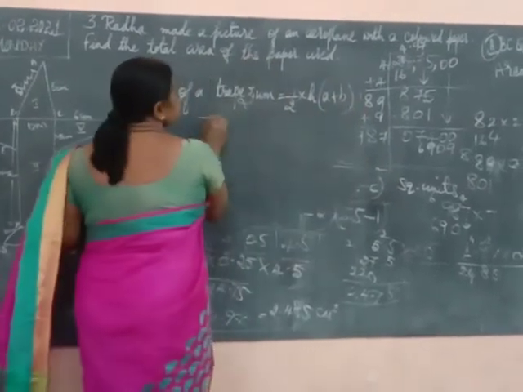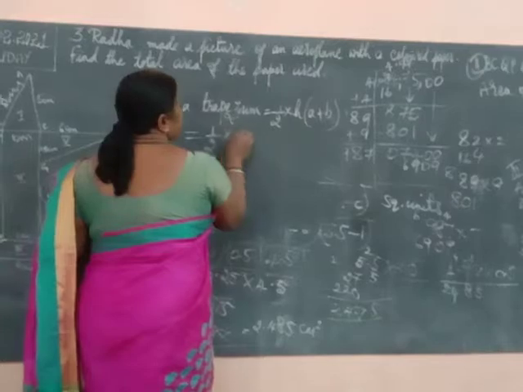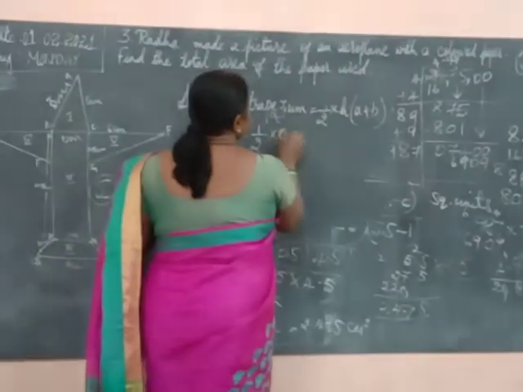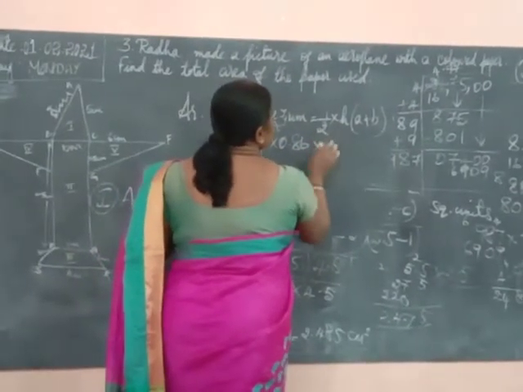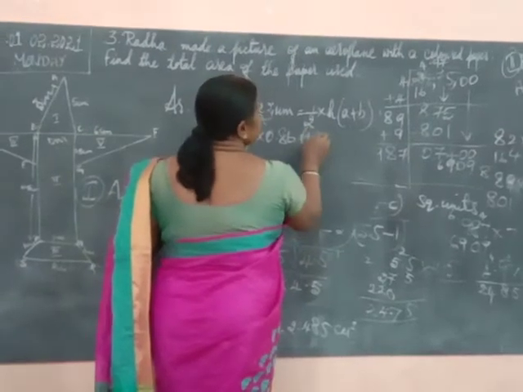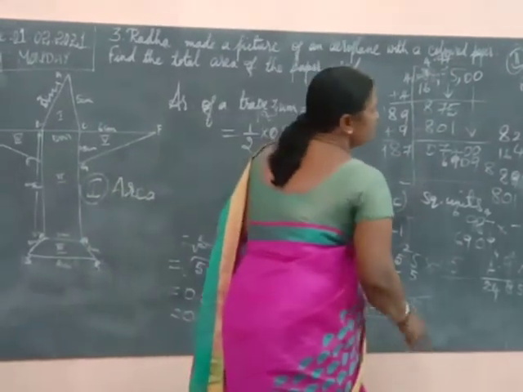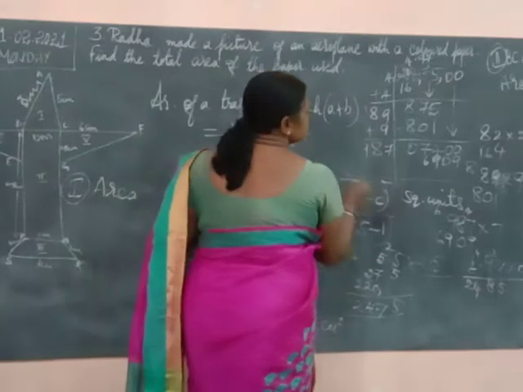H is about 0.86 into a plus b. A plus b, 1 plus 2.